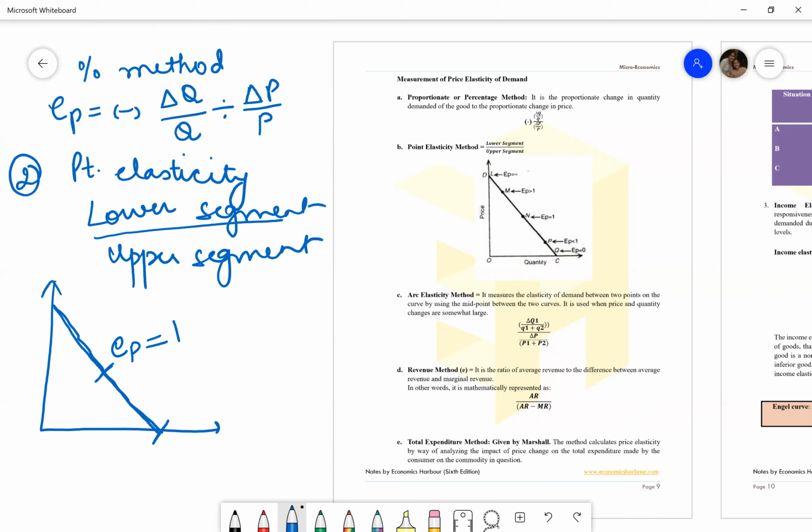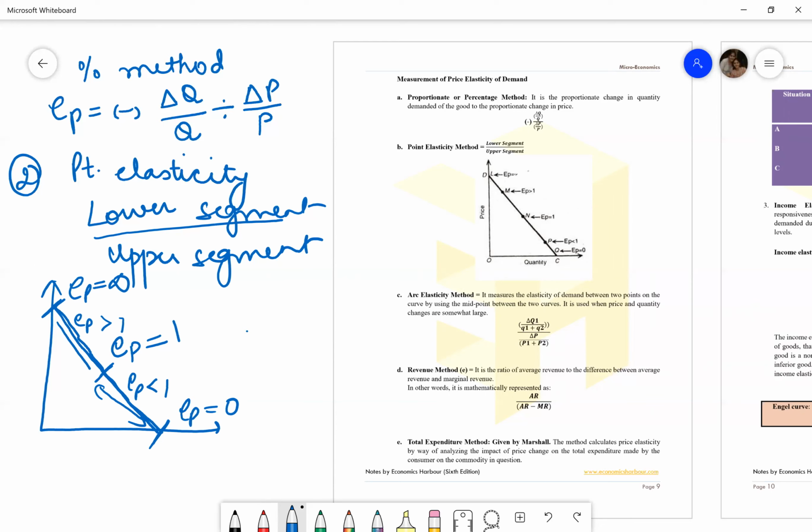The lowest point is elasticity of price equal to 0. And the topmost point, that elasticity of price is equal to infinity. So this region will have elasticity of price less than 1, and this region will have elasticity of price greater than 1. So this method is lower segment upon upper segment.